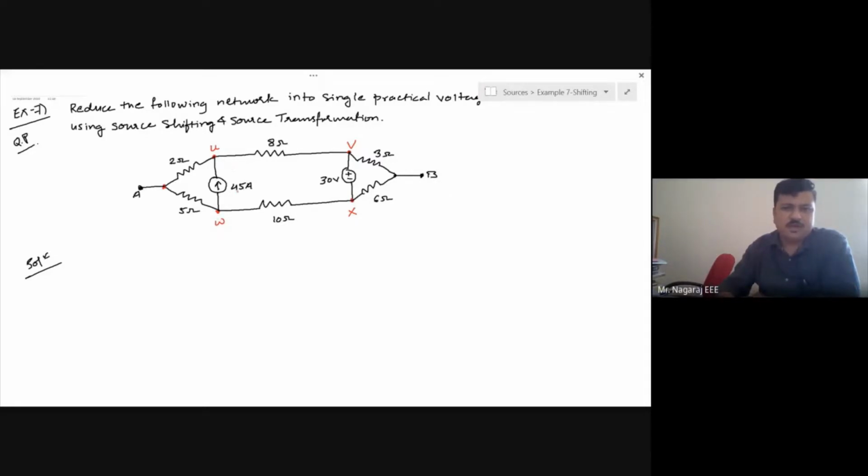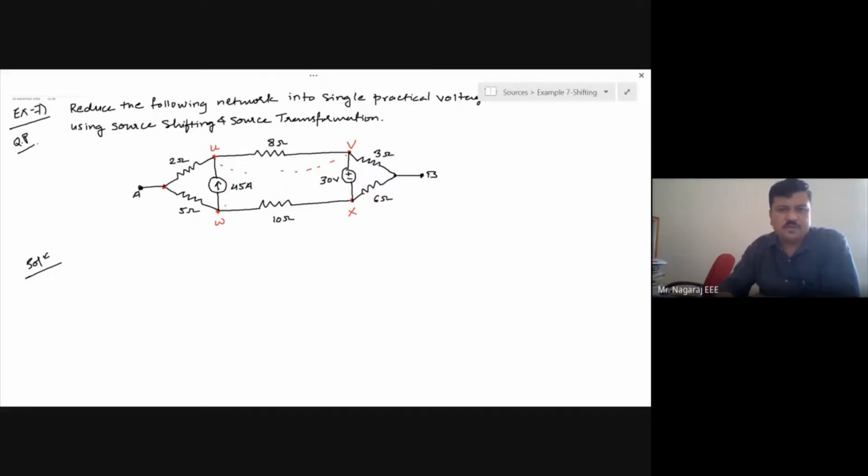But if I connect 45 amperes current source across 8 ohms, connected to V here, and take the direction of 45 amperes towards U, it appears that 45 amperes is coming out of node V. But in the original circuit, node V is nowhere connected to the 45 ampere current source. And the same problem we observe in node X also.